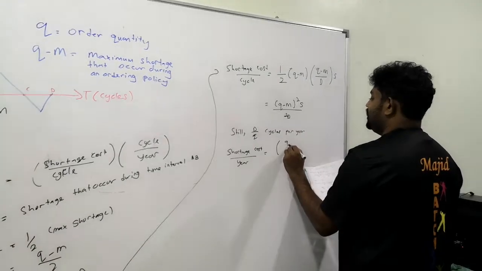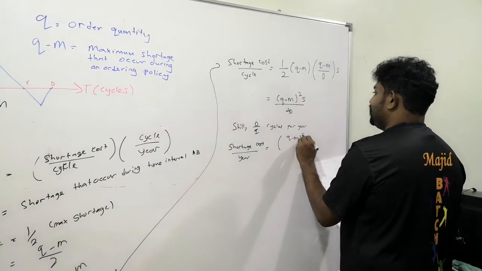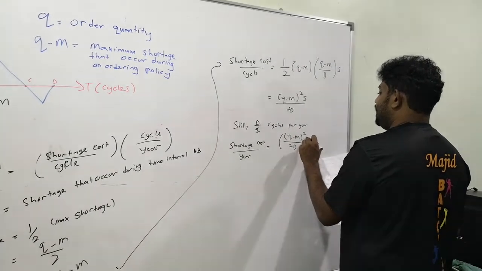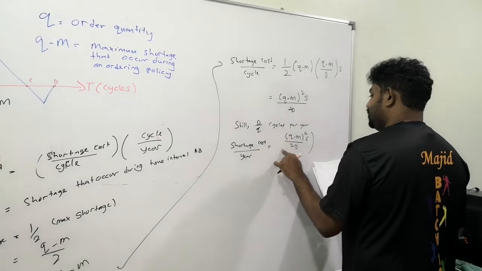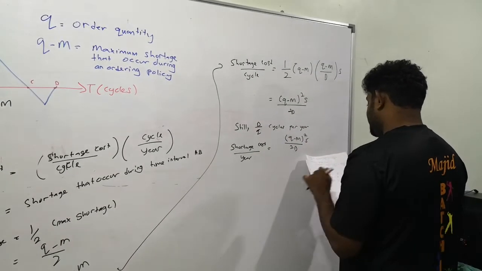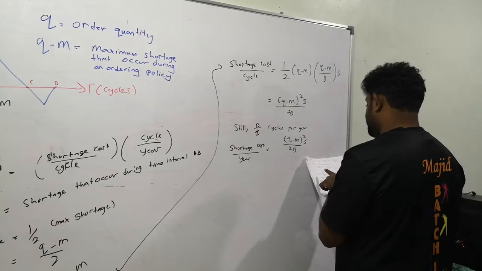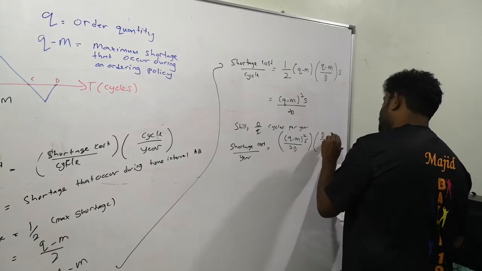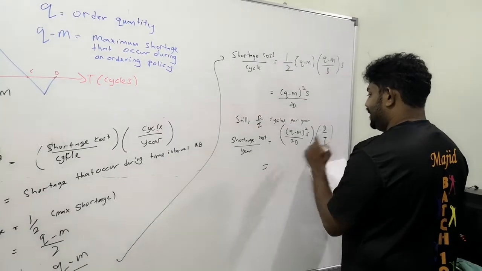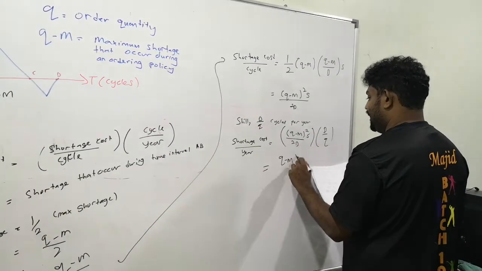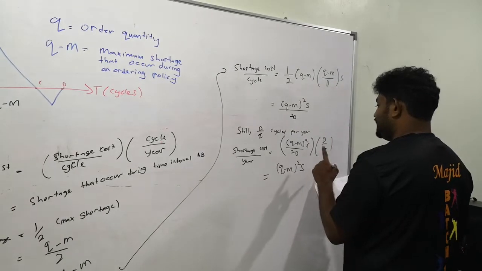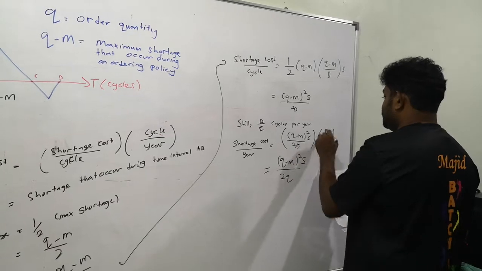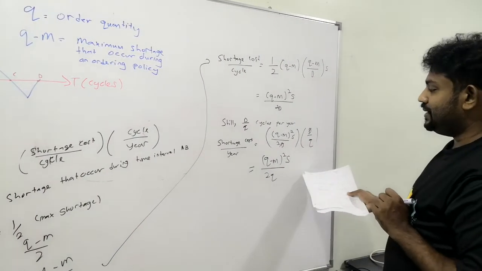It means (Q minus M) squared over 2D times S, and we just multiply by D over Q, so that we have (Q minus M) squared S over 2Q, because we can cancel the D and the Q.